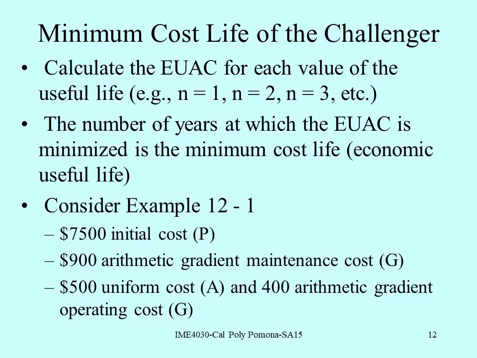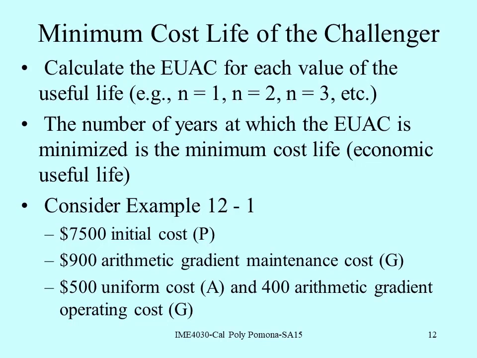Then, the number of years of useful life that has the minimum EUAC gives us what we call the minimum cost life and the minimum cost EUAC. And we're going to use those numbers in our analysis technique.